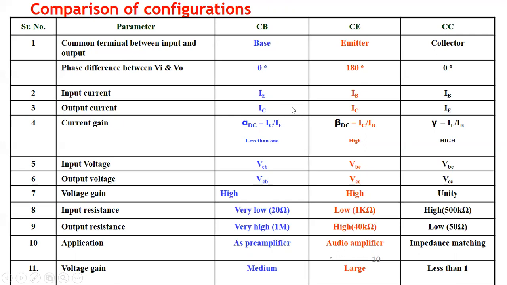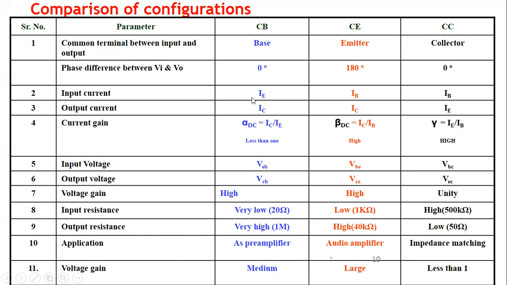Input current in case of common base is IE, in common emitter IB is going to be the input, and in case of common collector IB is going to be the input current. The output current is going to be IC in case of common base, IC in case of common emitter, and IE in case of common collector, right?